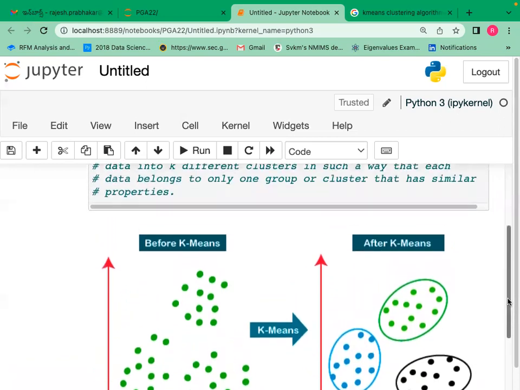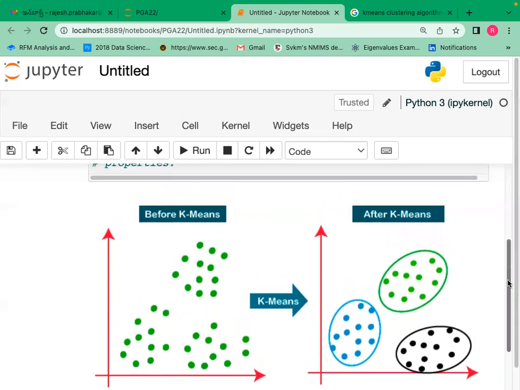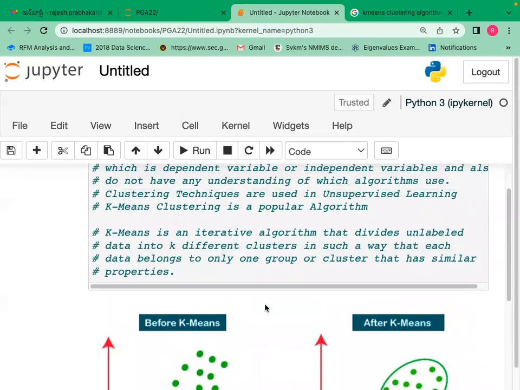So k-means clustering will group the data based on similarities. Based on similarities, it will create a group of data.